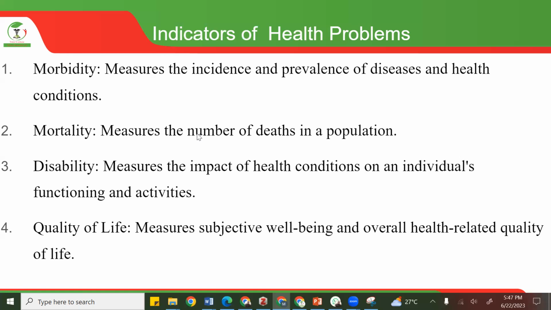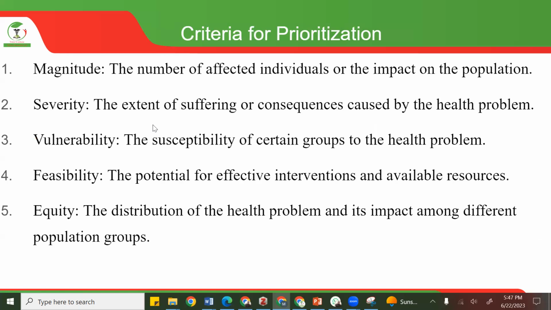All these are measures. They can be calculated and then you come up with a figure. And that's why we are calling them indicators. They are measurable. And therefore, we can use them to understand the burden of a particular condition. So, for example, in a community, you have malaria and then you have diarrheal conditions. Where are you going to put your resources?